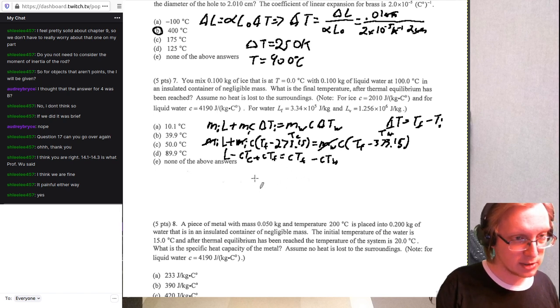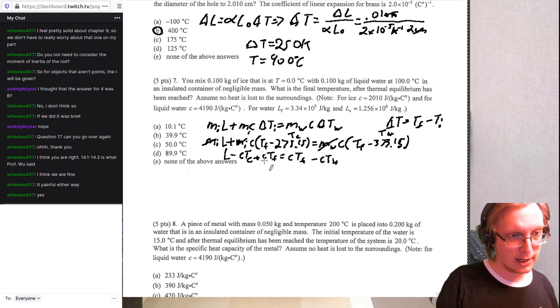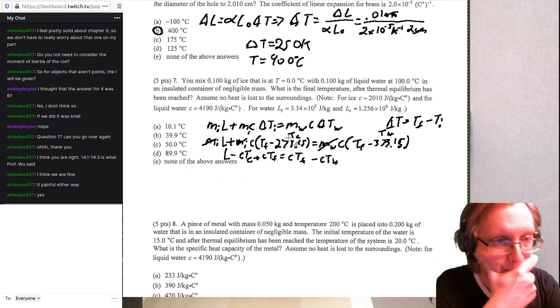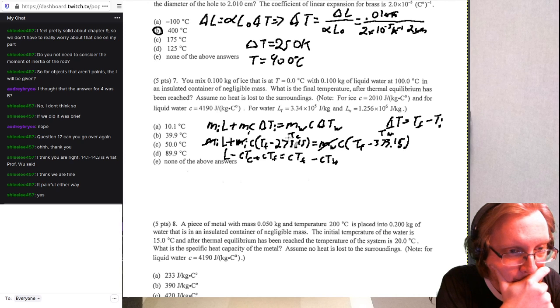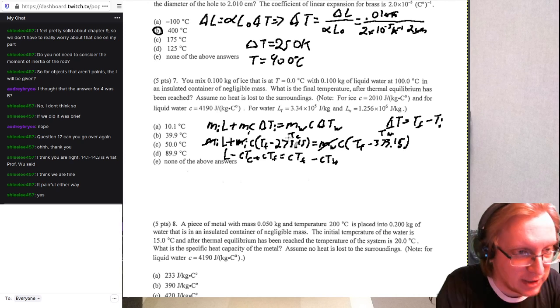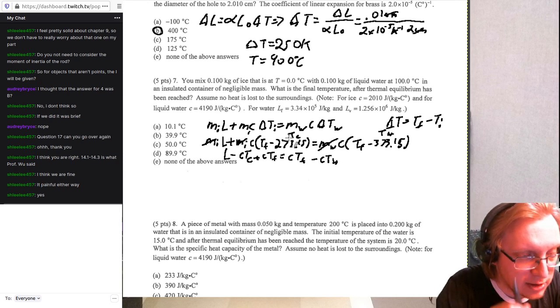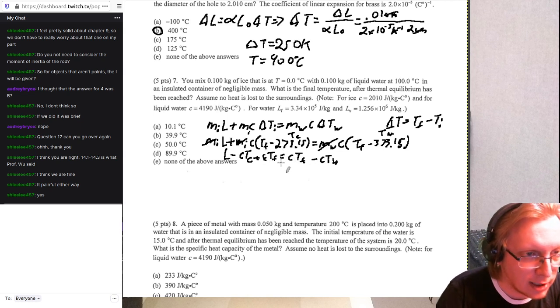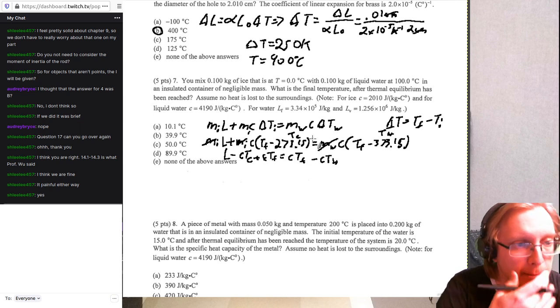Get the T final to one side. Something funny here. When I subtract this C TF to the other side, it's going to disappear, and that's not what I want. There should be a minus sign somewhere.